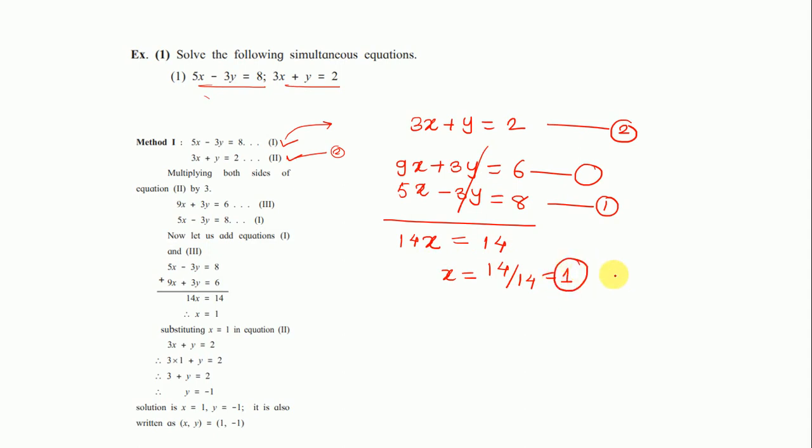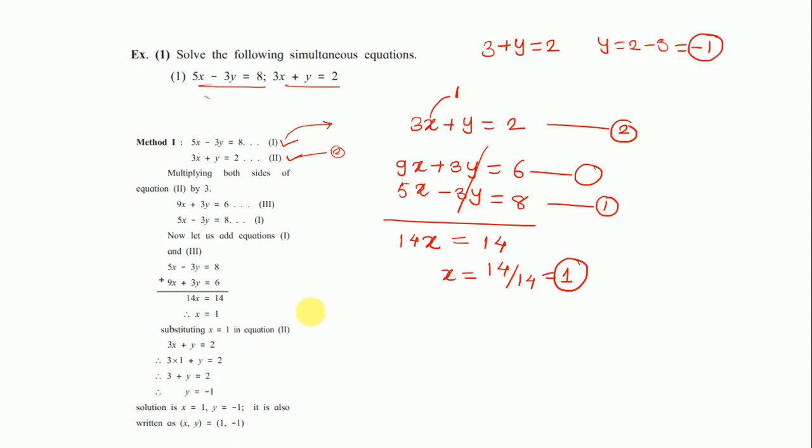Now what we have to do is put the value of x in any of equation number 1, 2 or 3. I am putting the value of x in equation number 2, which is 3x plus y equal to 2. Putting x equal to 1, the equation becomes 3 plus y equal to 2, and the value of y is 2 minus 3, that is minus 1.